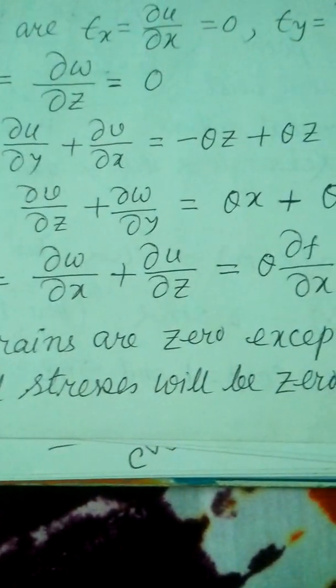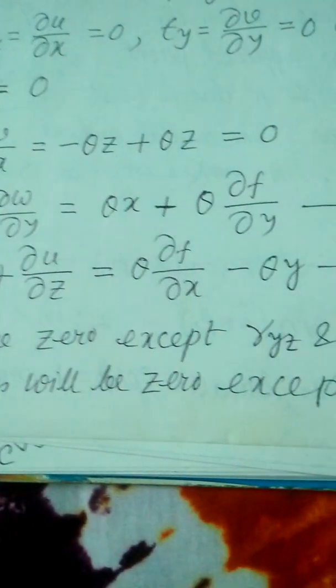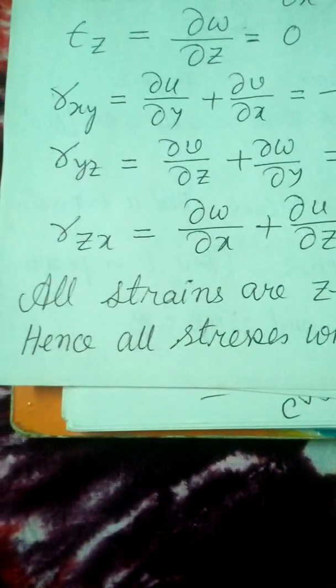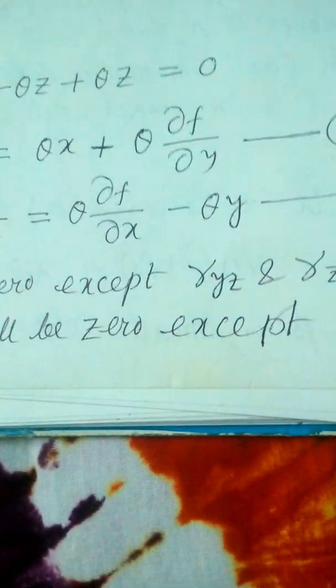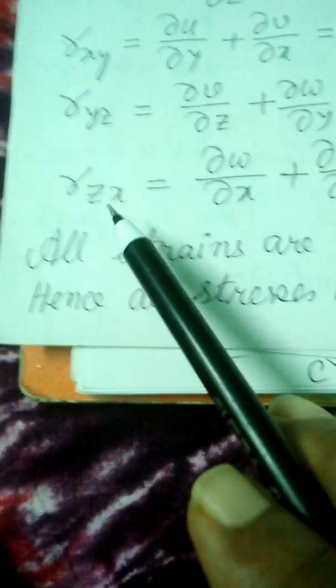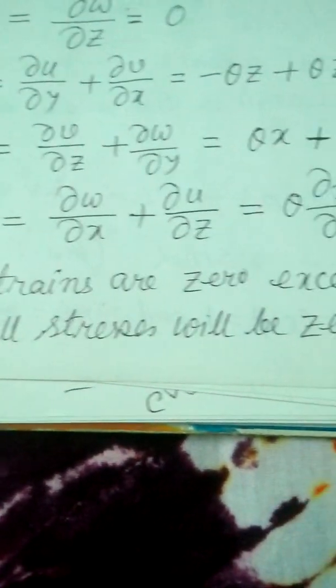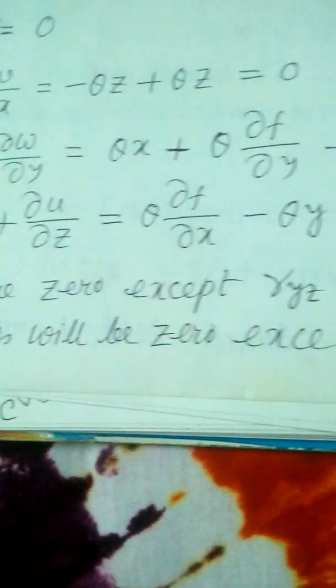Gamma yz, and gamma zx is this one. These are the shear strains. Okay, all strains are 0 except gamma yz and gamma zx.